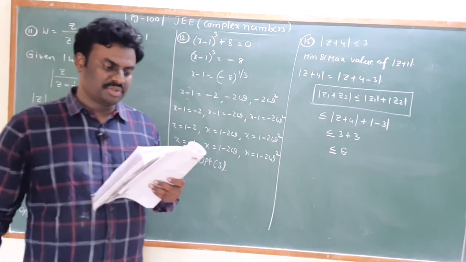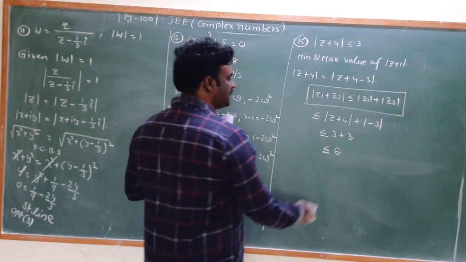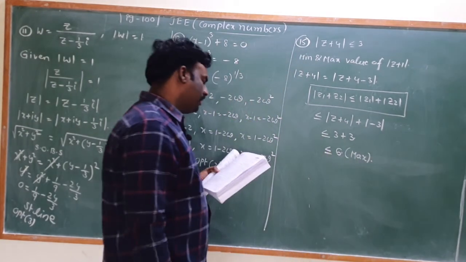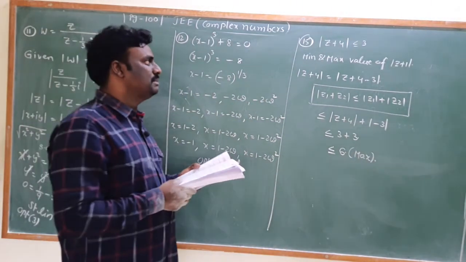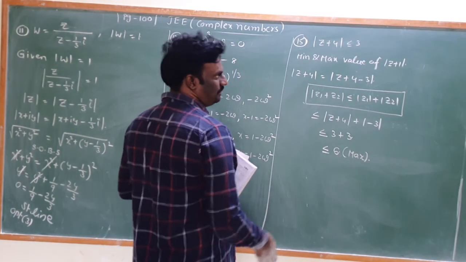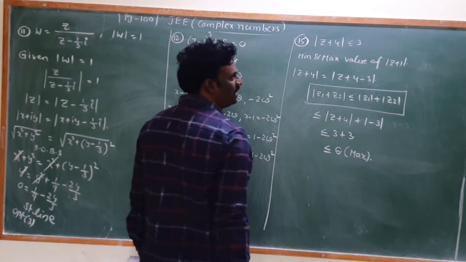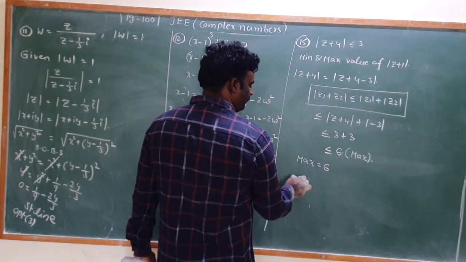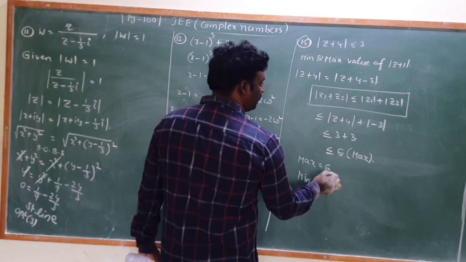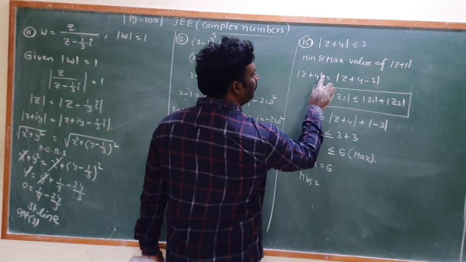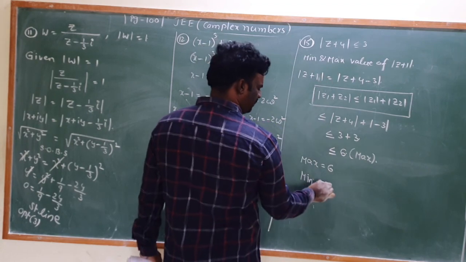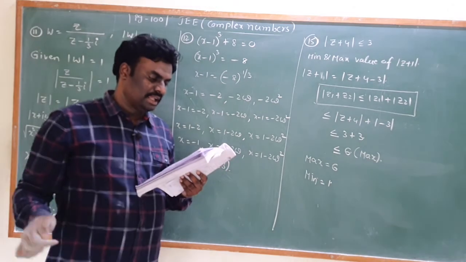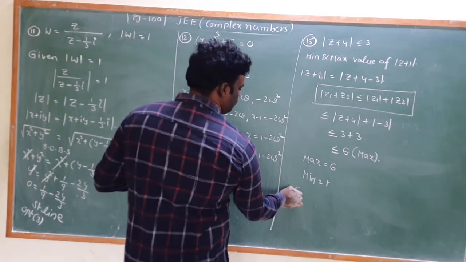Less than or equal to 6 means 6 is called the maximum. And what about the minimum value? The minimum value should be equal to 1, because z plus 1 minimum value is 1. Therefore, maximum is 6 and minimum is 1, that is nothing but option 3, the correct answer.